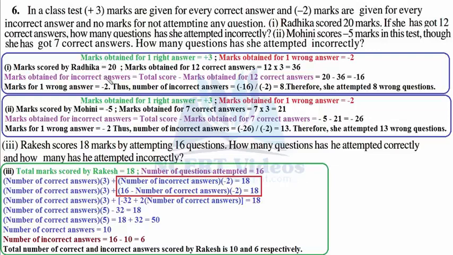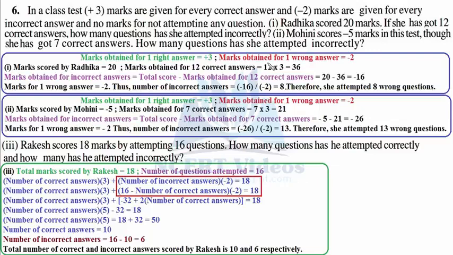So the total marks she obtained for incorrect will be her total score minus marks obtained for 12 correct answers. So her total score was 20 and she attained 12 correct answers, that is 36 marks. Why we are using marks?